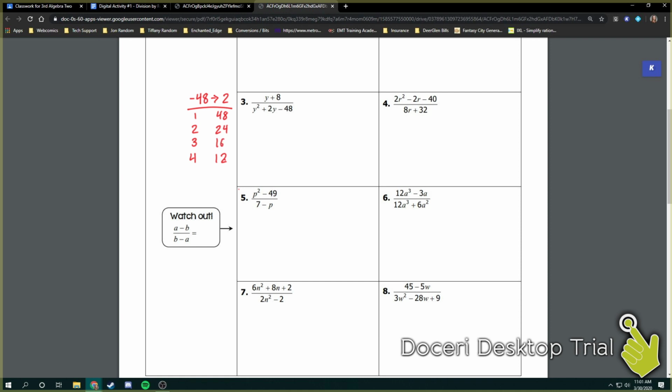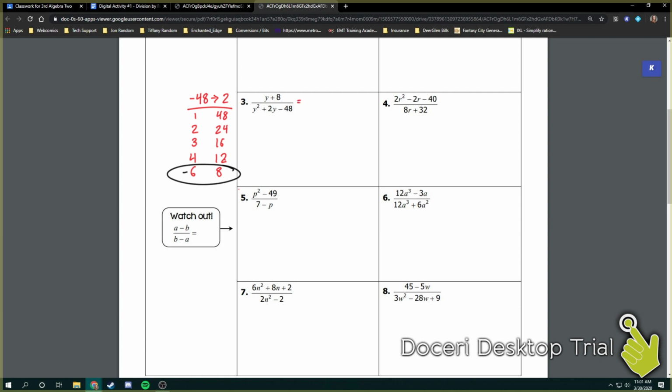Not 5, yes, 6, 6 and 8. Okay. So if I'm wanting to make a positive 2 out of these numbers, 6 and 8, I want a positive 2, so in this case the smaller number is going to be negative.